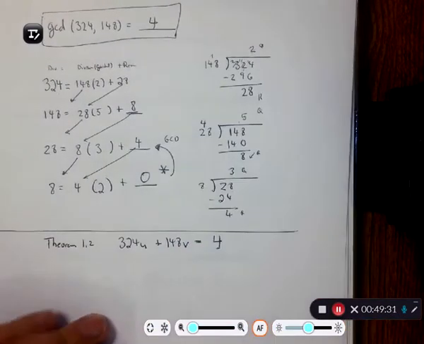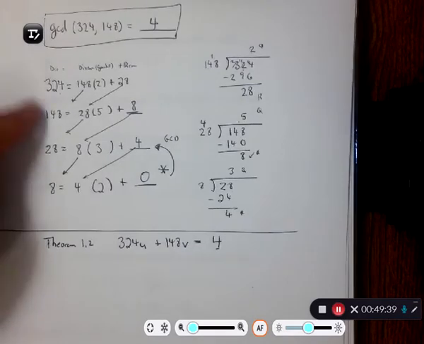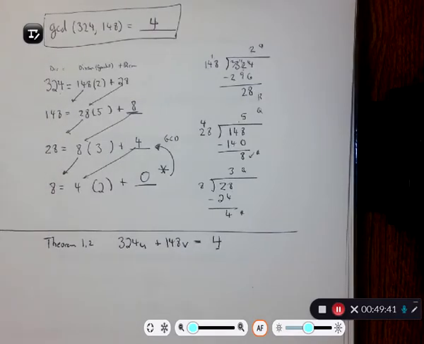Now, what would u and v be? Well, here's the trick on this one. You take the Euclidean algorithm and you work it in reverse.